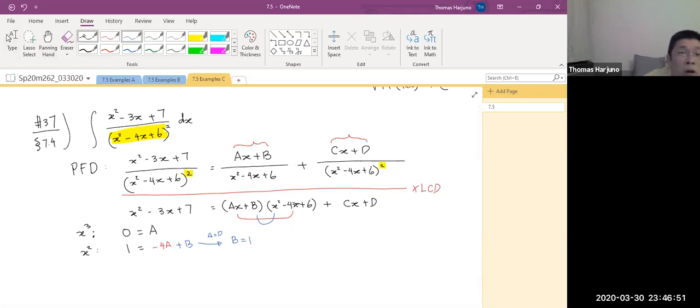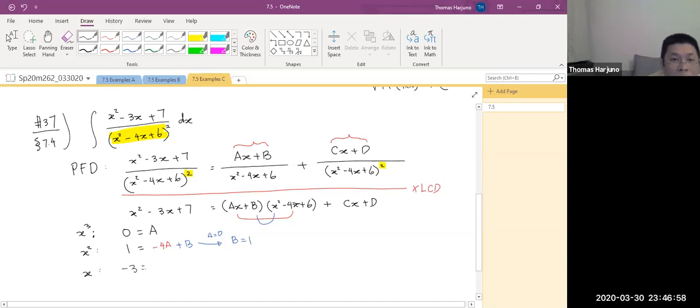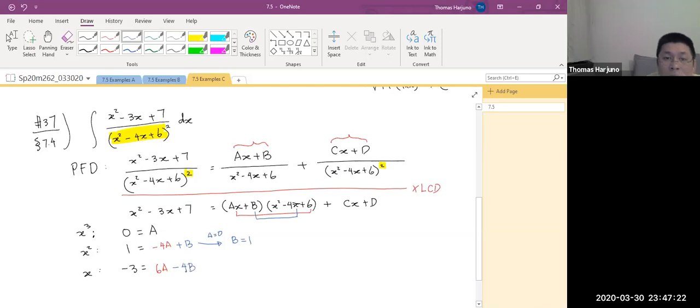Now, let's go on. How about when we look at the x? On the left-hand side, the coefficient for x is negative 3. On the right-hand side, the coefficient for x is 6a, and then negative 4b, and then plus c.